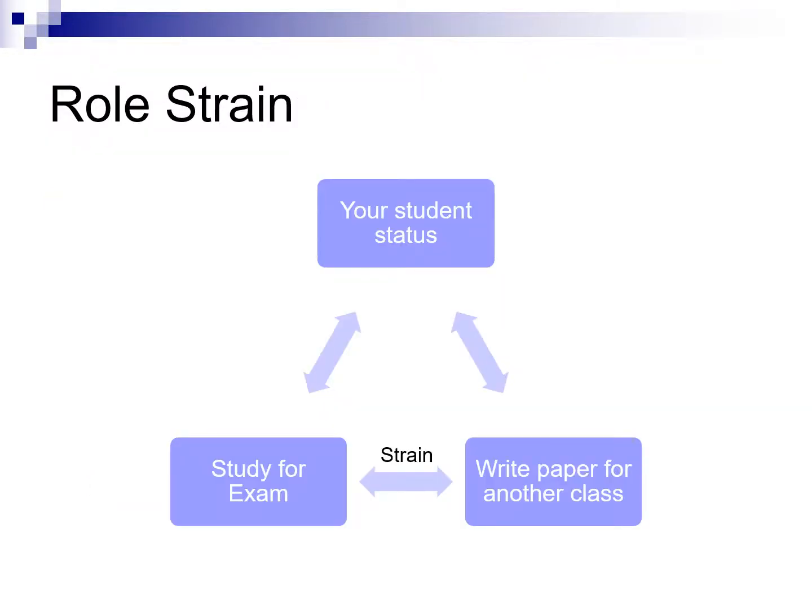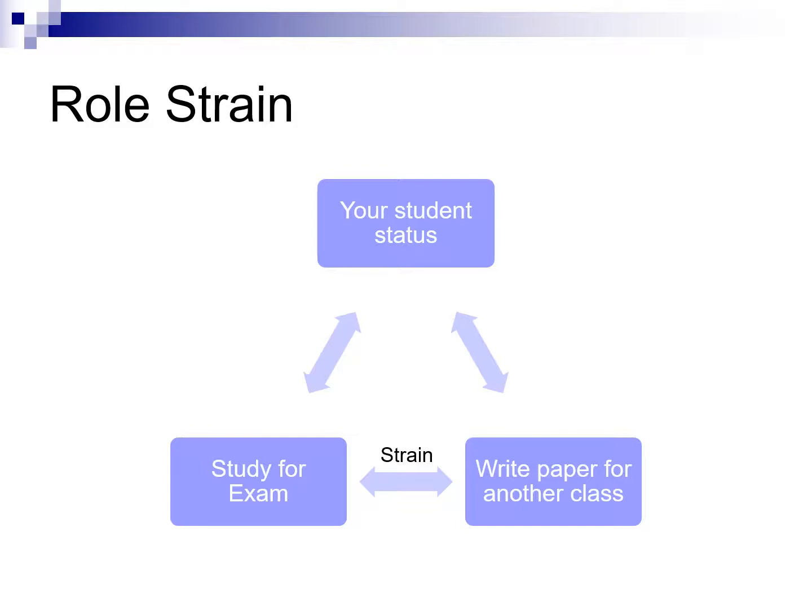There is a term called role strain. Sociologists use this to refer to conflicting role expectations within one status. If that makes sense. So your status is student. You have many role expectations, as you well know.